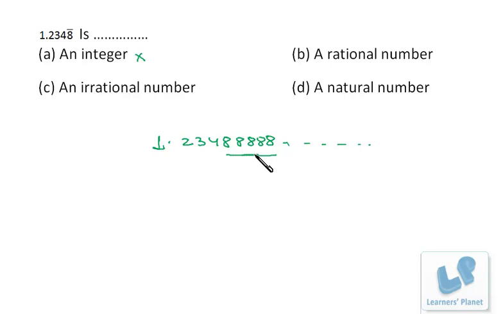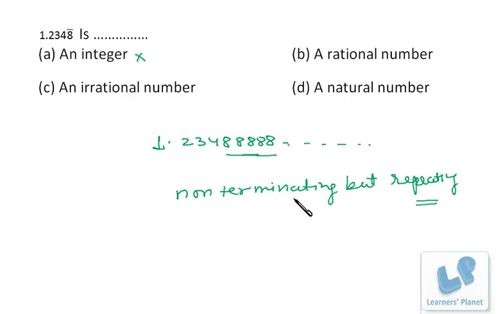So definitely it is a rational number. So which type of rational number? Non-terminating but repeating, right? So it's a rational number. Okay, the previous example was of an irrational number, and this example is of a rational number. It's not a natural number, and since it is a rational number, it is not an irrational number. I hope you are clear.